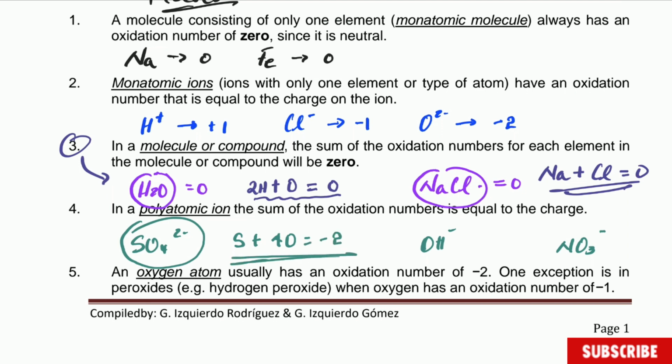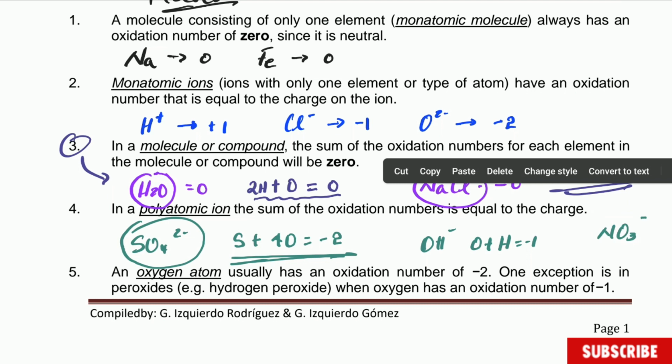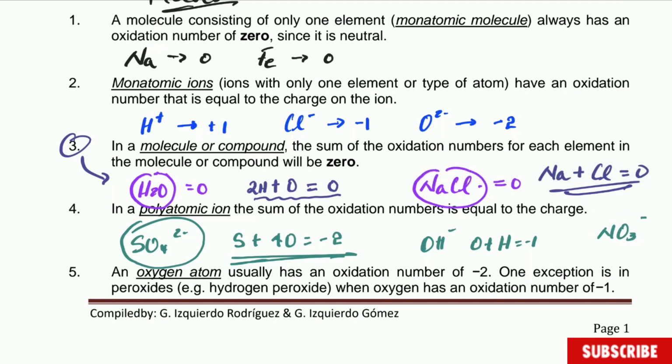This is what that rule says. And in the second case, the hydroxide, the oxidation number of oxygen plus the oxidation number of hydrogen is equal to minus 1. And I'm not going to do the nitrate because I think you can see it by translation. It is the same one.